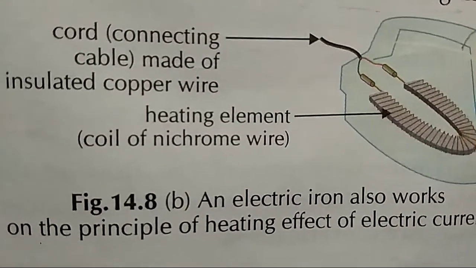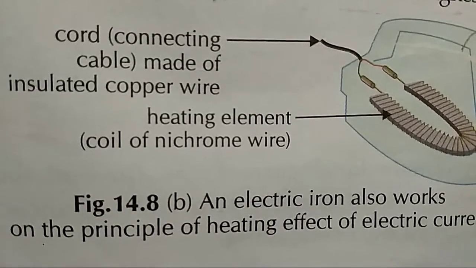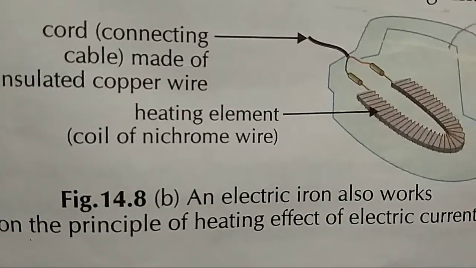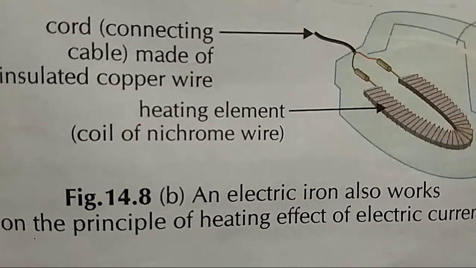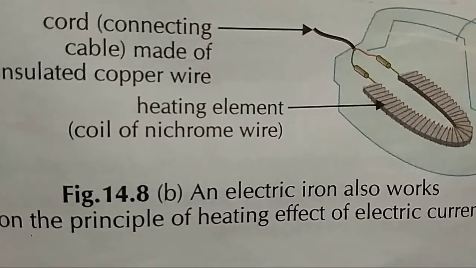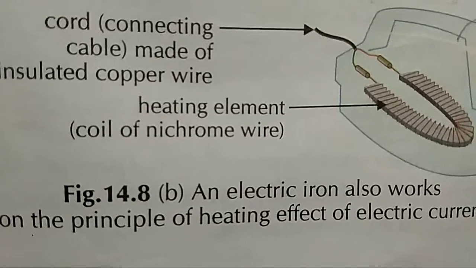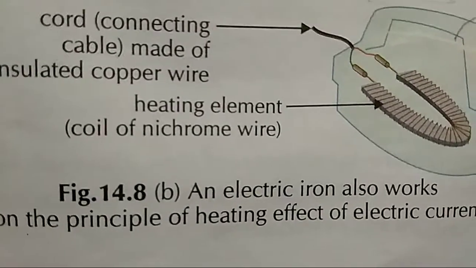Suppose you want to iron your clothes, so this iron will be very useful for ironing clothes. And a hot electric room heater is used for warming the room. The hot electric heater is also used for cooking food.